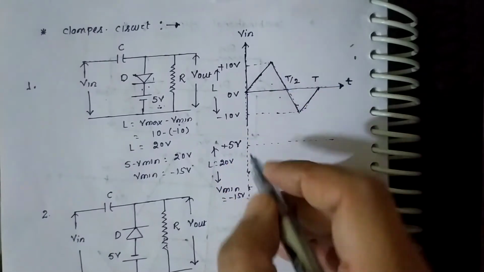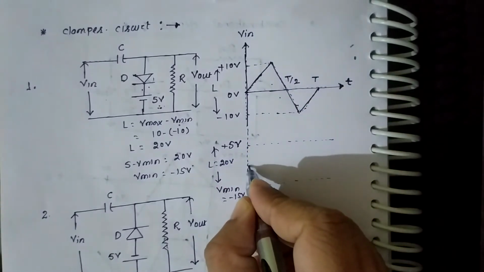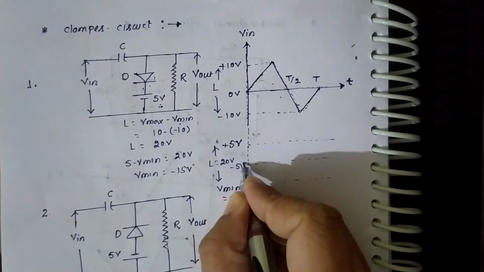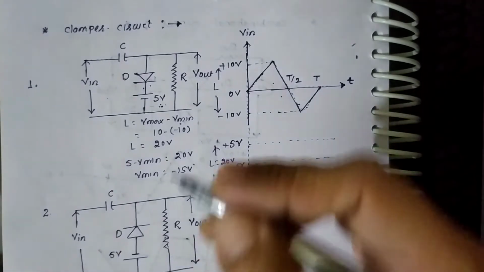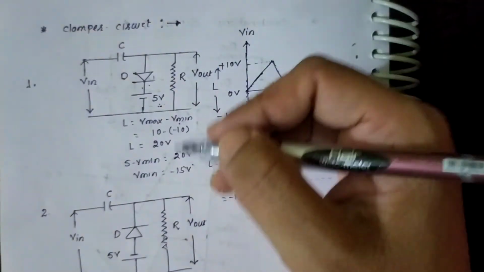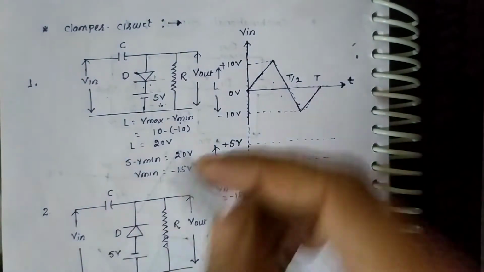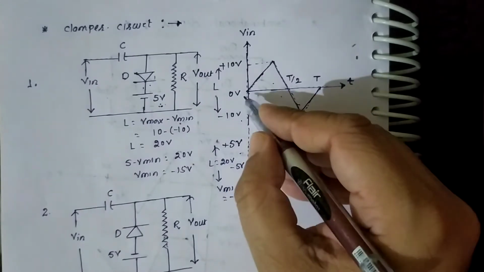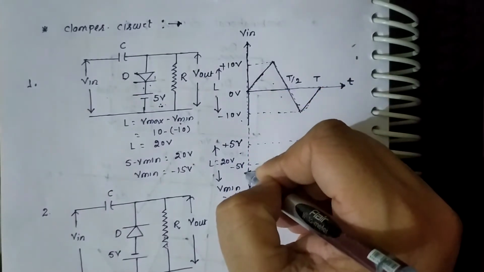Then this 0 will go to minus 5. Every point of the input is shifted by minus 5.